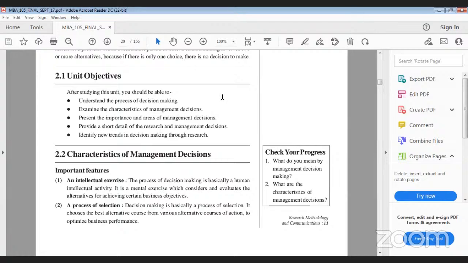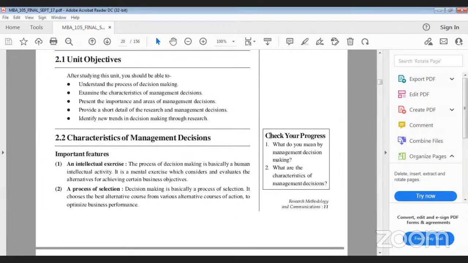Identify new trends in decision making, the characteristics of management decisions. The process of decision making is basically a human, individual activity.